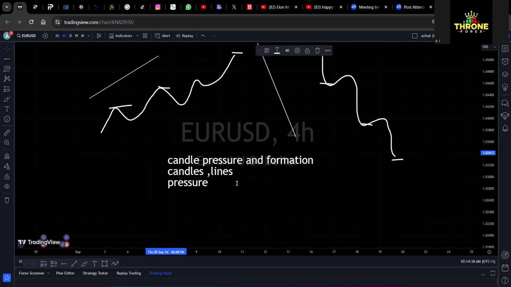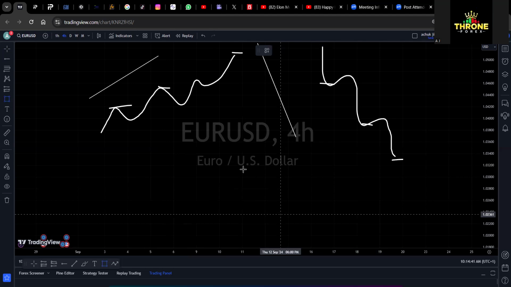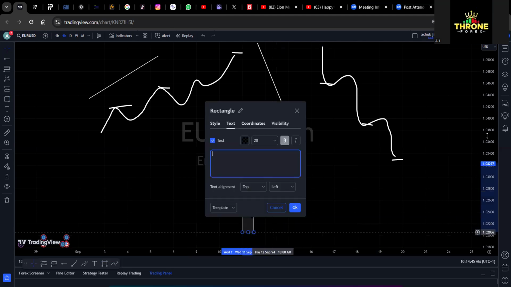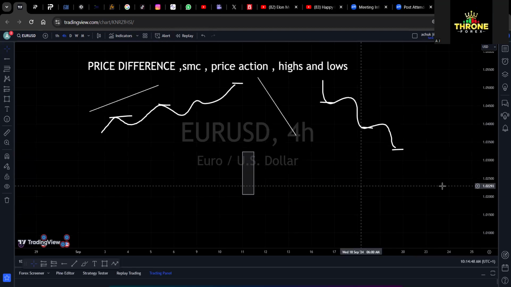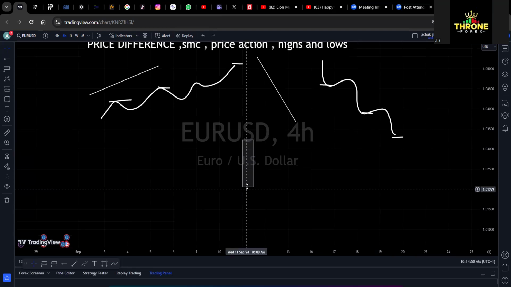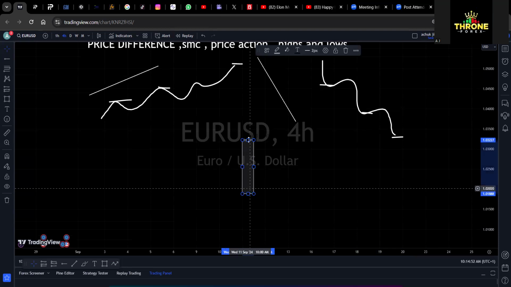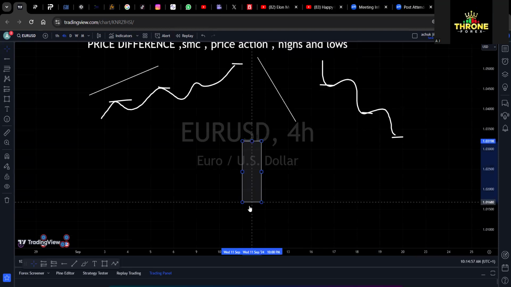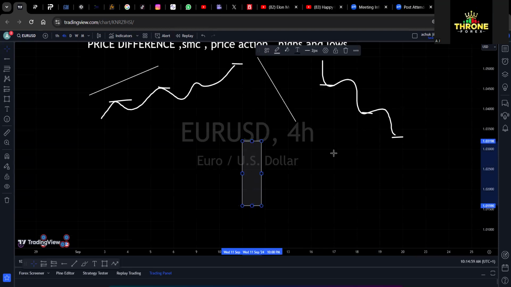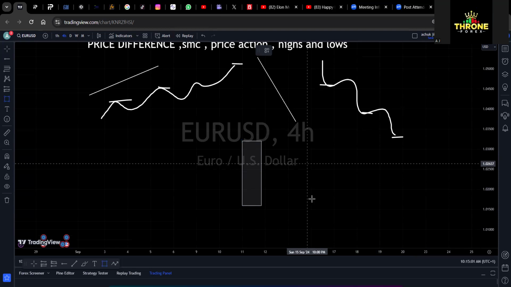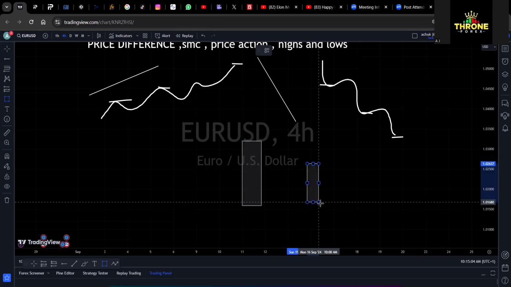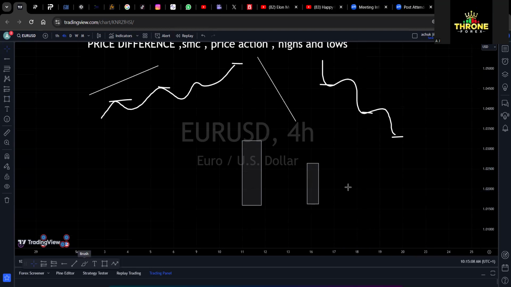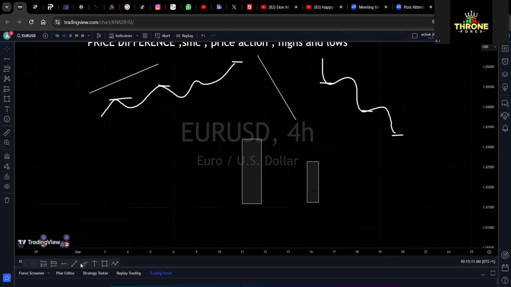So let's have a basic candle, which is like this. The moment you have a candle like that, what you need to understand is that this can either be a bullish or a bearish candle. This is candle one, and then we can have another candle of this size, and then we can have a candle which is in form of this.